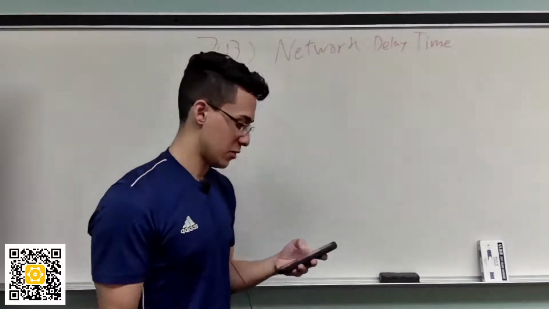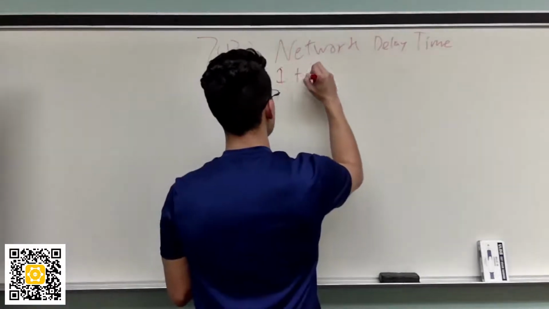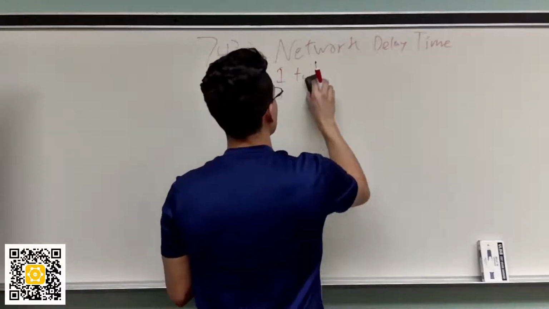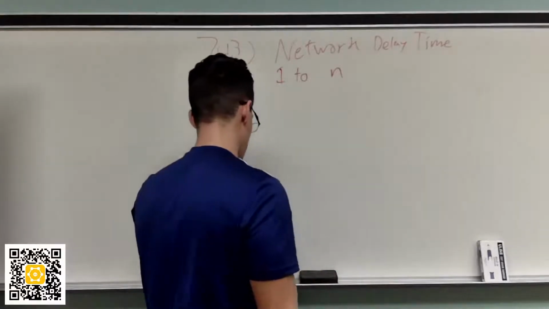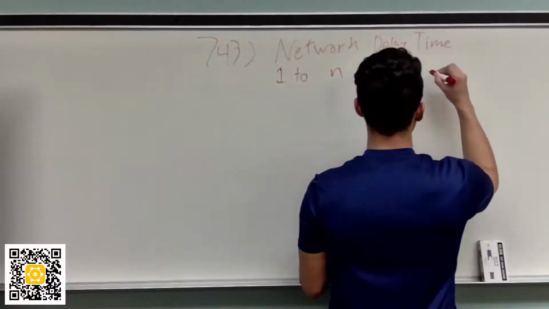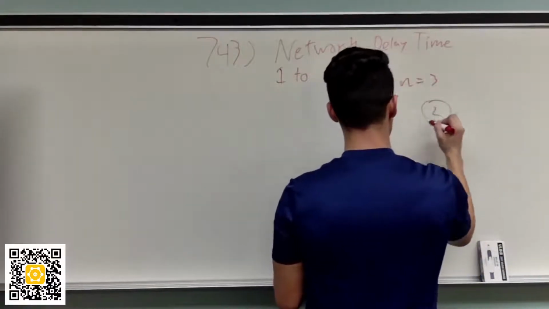So basically, you have a bunch of nodes labeled 1 to n. N is your input, so that's going to be the function. And per an example, I'm going to say we have n equals 3. We have node 2.